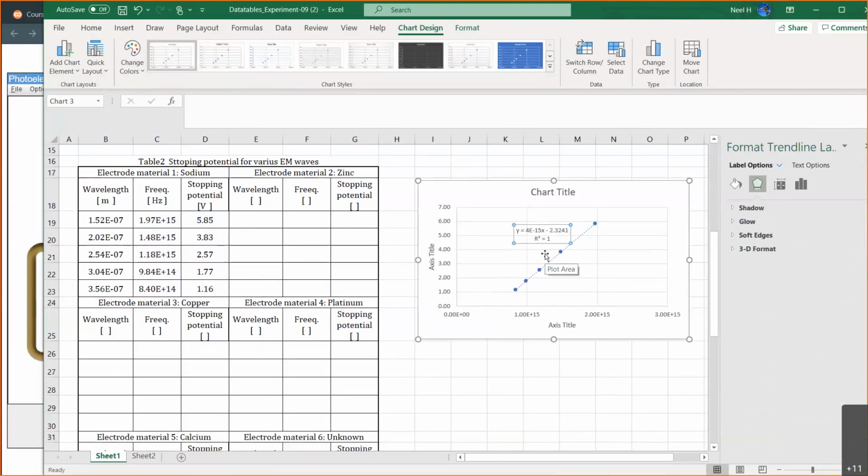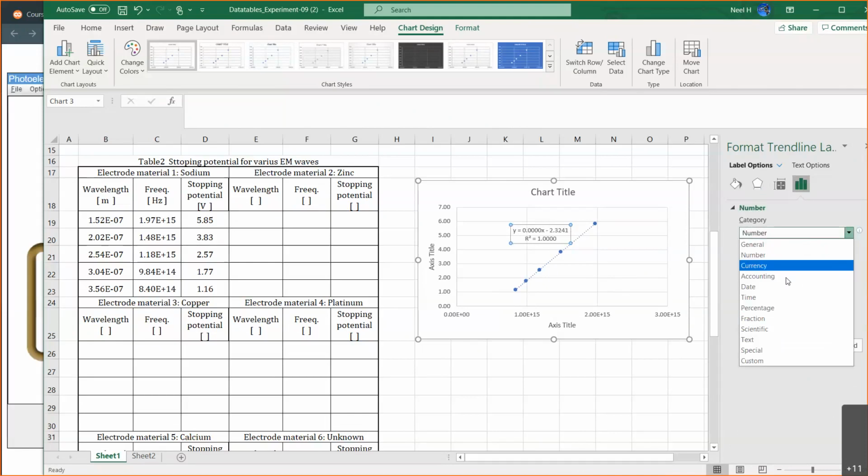So let's increase the number of decimal places. Already we have about 4 decimal places, I think. Let's check that two number right here. Let's try maybe 4 decimal places. Probably scientific.